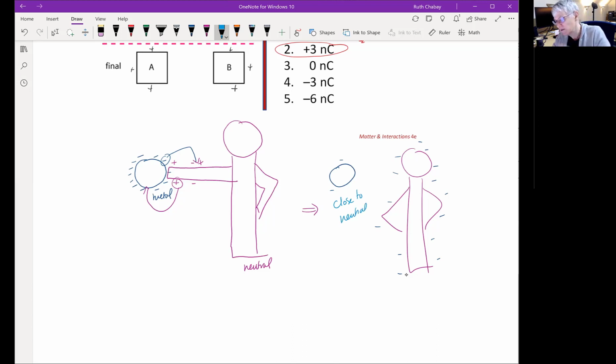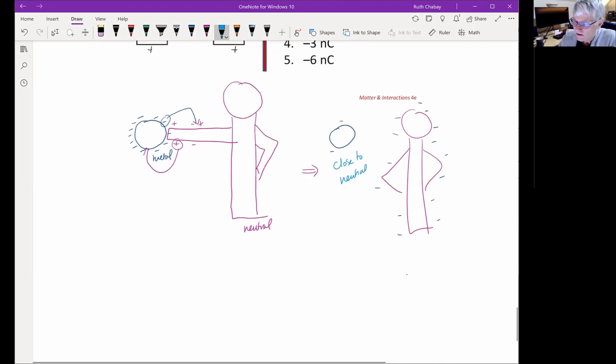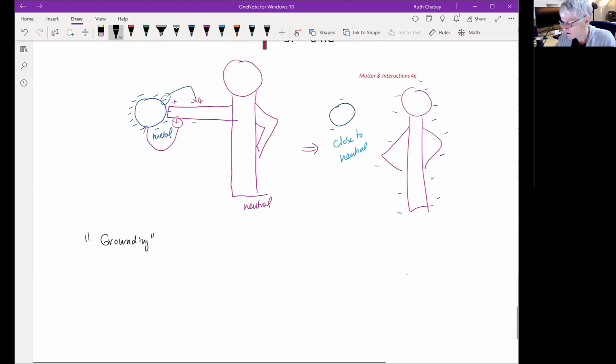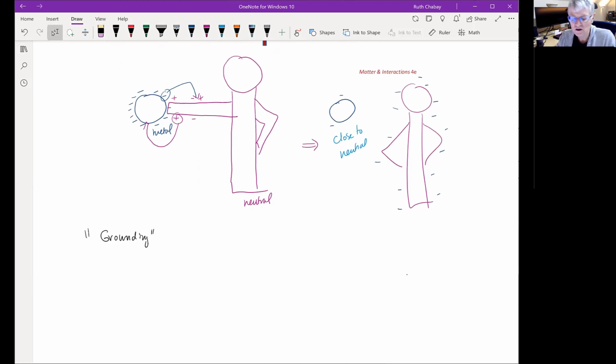So we've neutralized by touching. This is sometimes called grounding. Because one way to neutralize things and make sure they're neutral is to have a conducting object run from a charged object down into the earth.